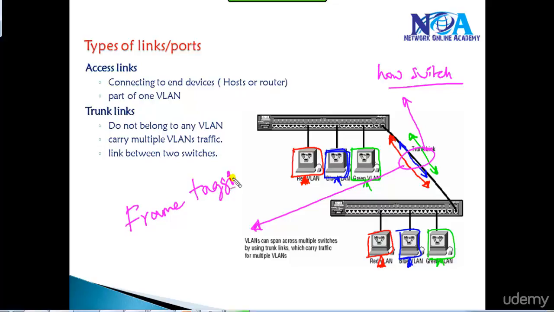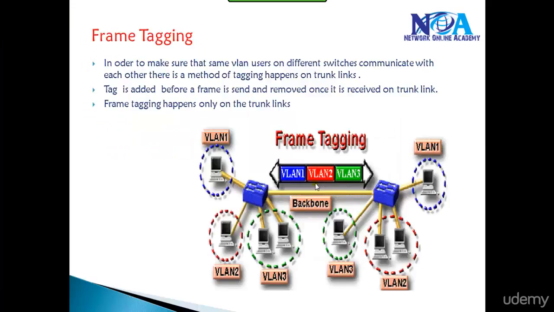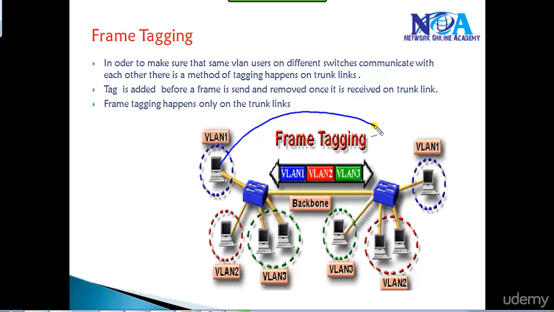Now this frame tagging is a method which will ensure that even though they are going on the same link, they will still be differentiated without interfering with each other, without having any issues. So let's see what this frame tagging is. In order to make sure that the same VLAN users on 2 different switches can talk to each other, like here you can see the blue VLAN 1 should communicate with VLAN 1 on a different switch.